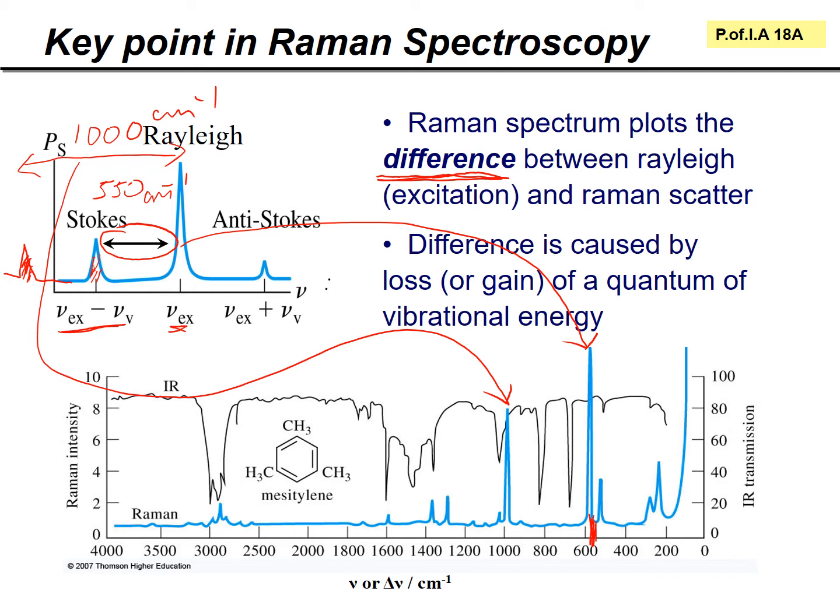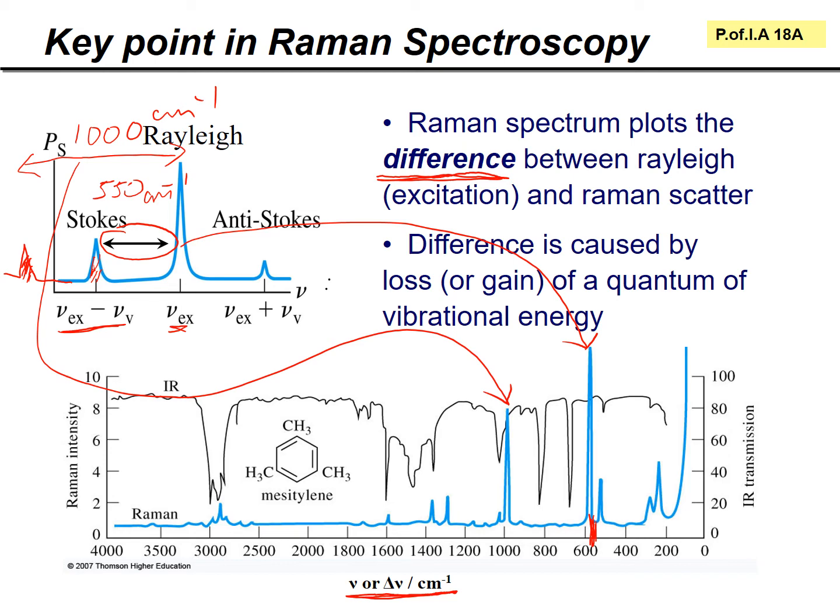So whatever the Stokes and anti-Stokes peaks are that you have, you calculate all of those differences and you plot the differences down here in the Raman spectrum. And that's what you get. So if you understand why the x-axis here is given as frequency or delta frequency, then you understand what's going on.